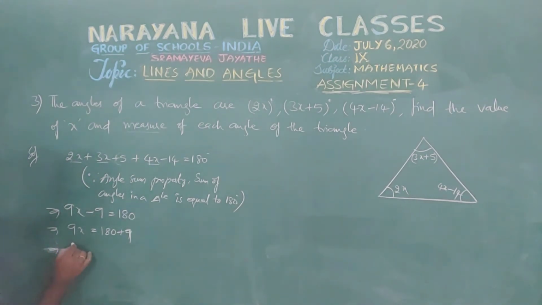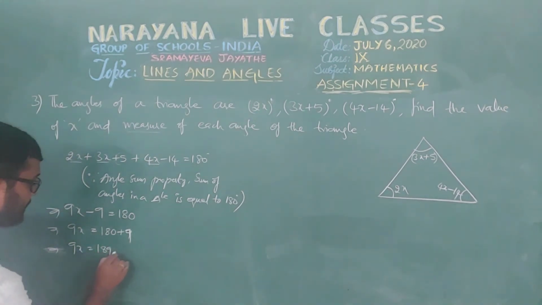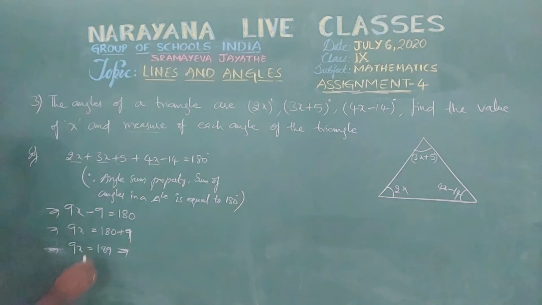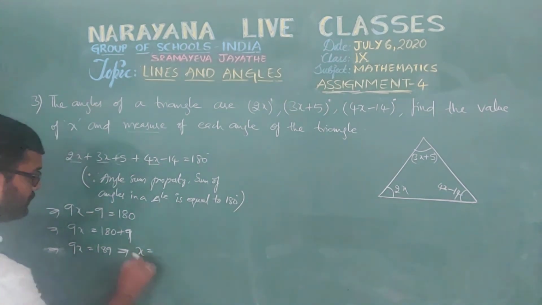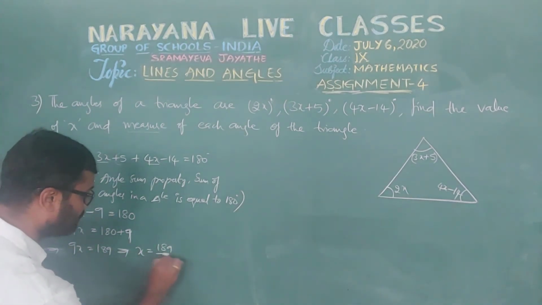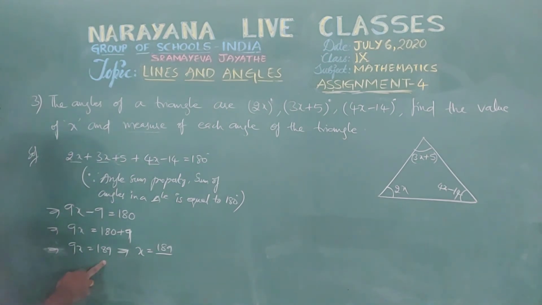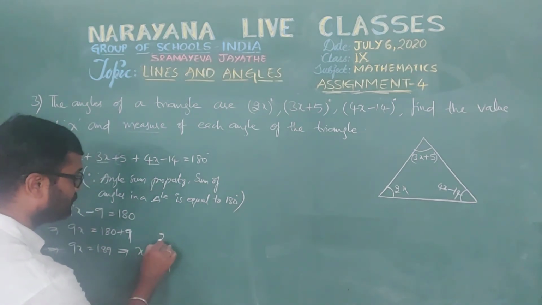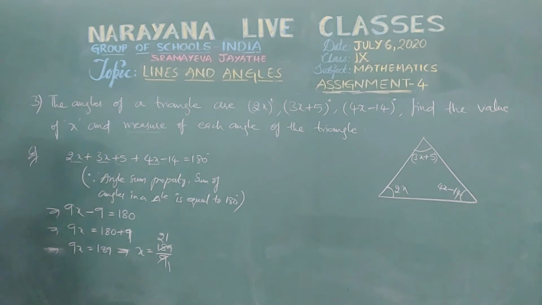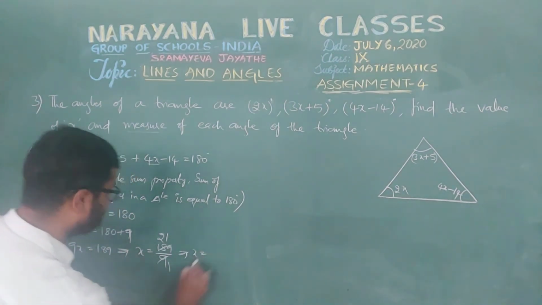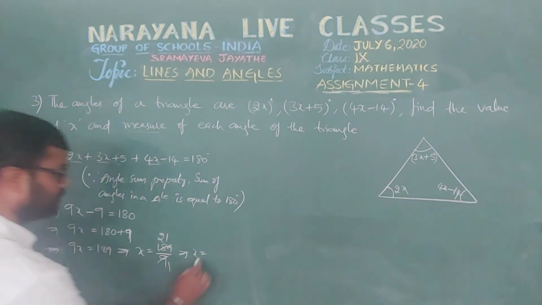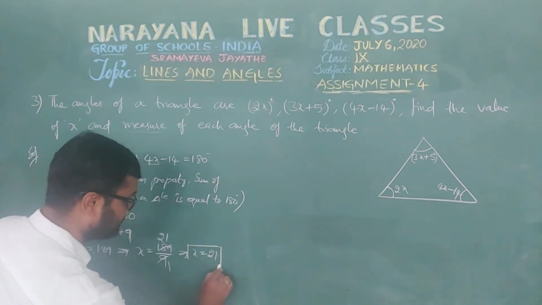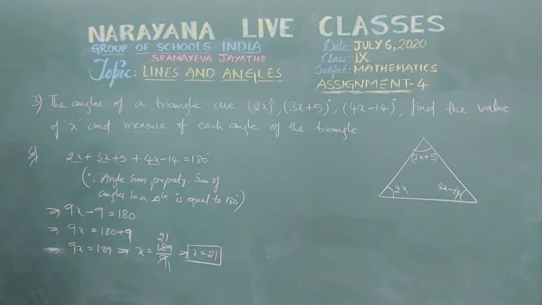Then 9x is equal to 189. Then x is equal to 189 by 9, since 9 is transposed to RHS and it will be divided by 9. So 9 ones are 9, 9 twos are 18, 9 ones are 9. That is x is equal to 21, isn't it? X is equal to 21.